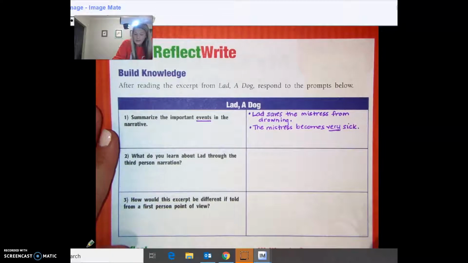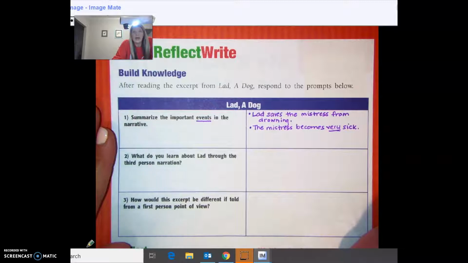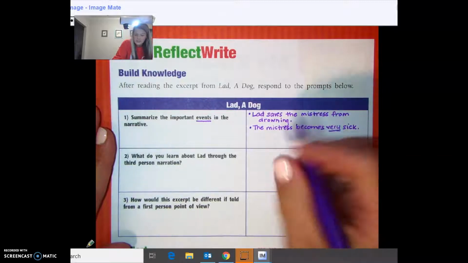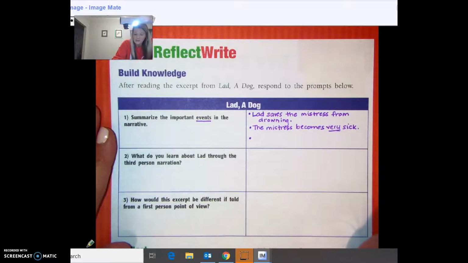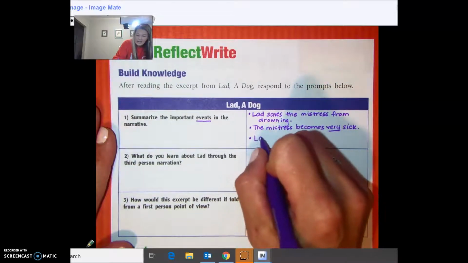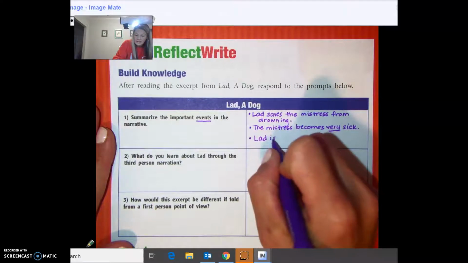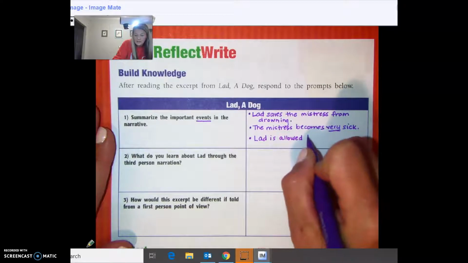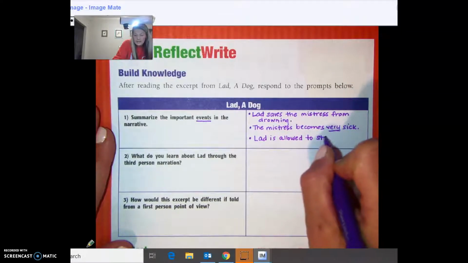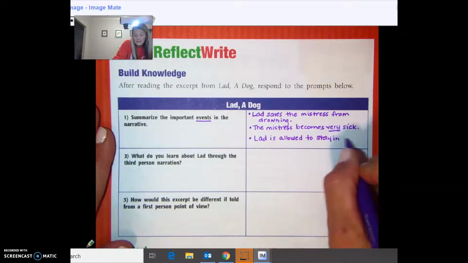Okay. Then, I think the last event that's not as much of a major event, but it's important to understanding the relationship between Lad and the mistress and the master, is that Lad is allowed to stay in the house.